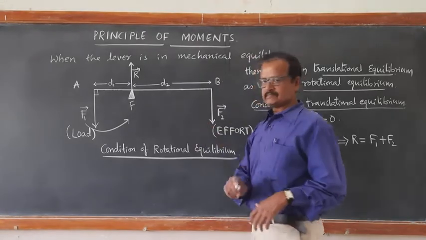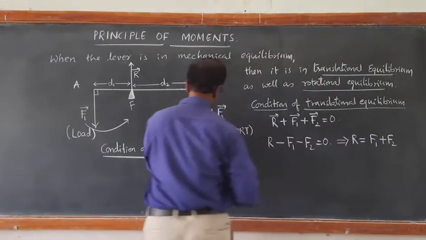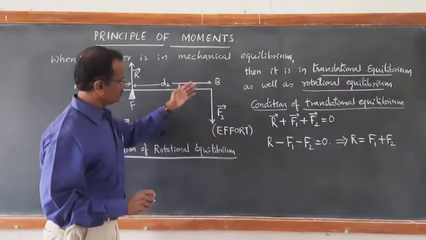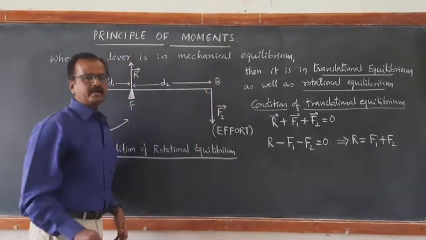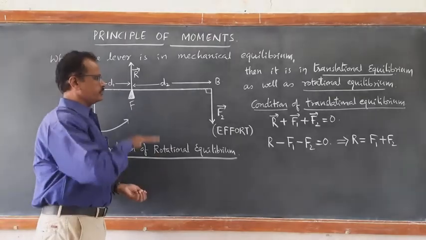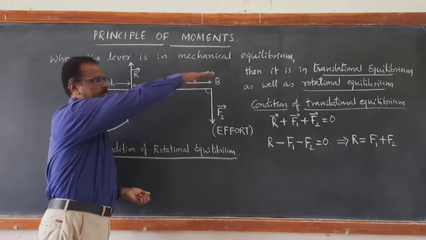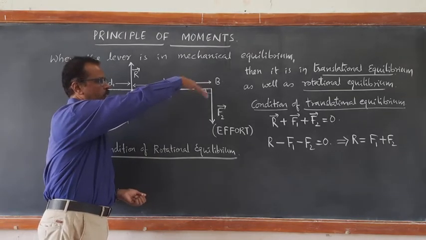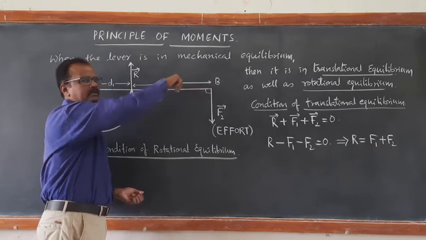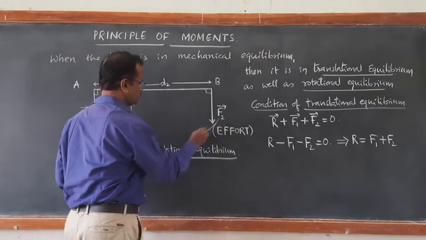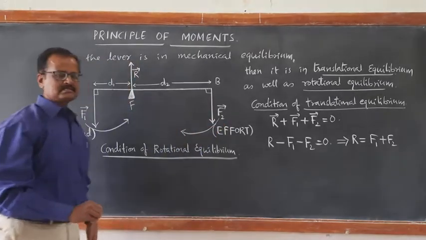Then look at this second one. F2 is acting in this direction and D2 is again at an angle of 90 degrees to F2. So if you again stretch it and turn it towards F2, D2 cross F2 gives you the torque. Now it is acting vertically inwards. So this is how it is tending to rotate in the clockwise sense.